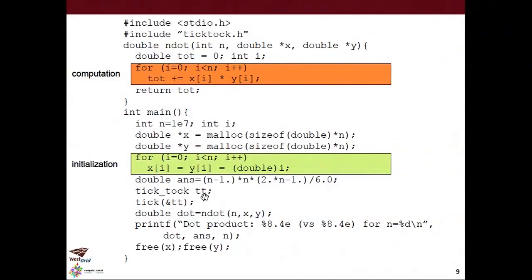So this is a serial version. The section in brown is a computation part that we are going to make parallel, and the green part is initialization. Because it happens only once, we don't want to make it parallel, even though you can make it parallel as well in this case, because there is no dependency between different iterations of the same loop.